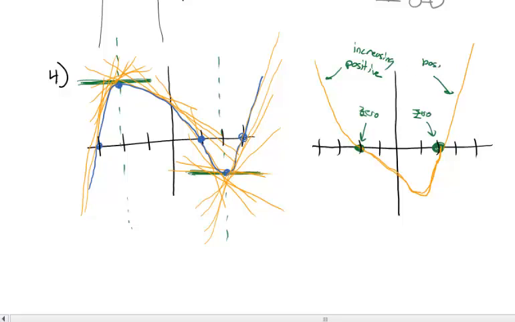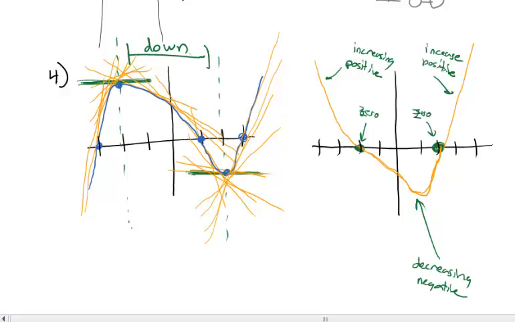Positive means we're increasing. The graph is going up, a positive slope. When the graph is negative, this is our decreasing. Negative slope. The slope is going down. Notice we were going downhill. When we go downhill, we see a negative slope. So we've got negative points on our graph.